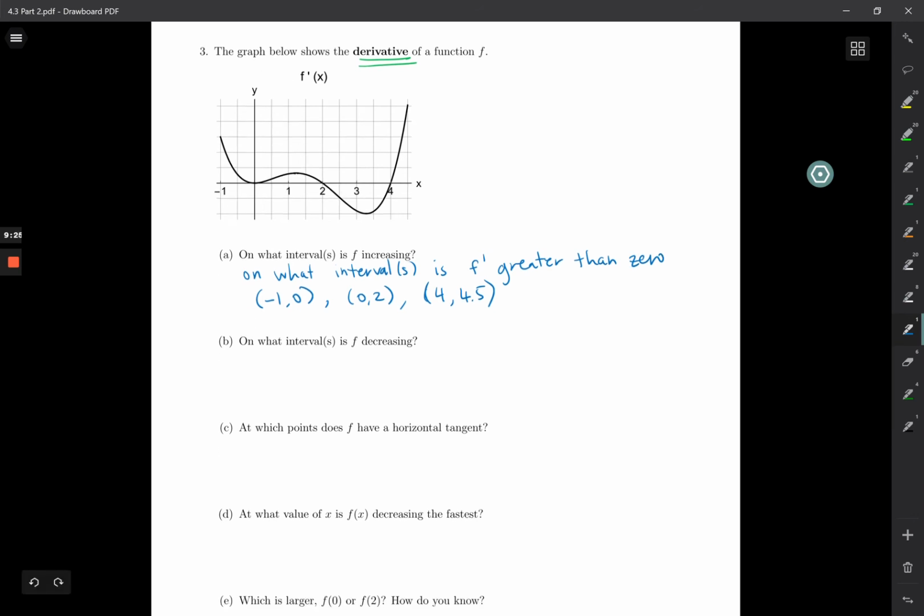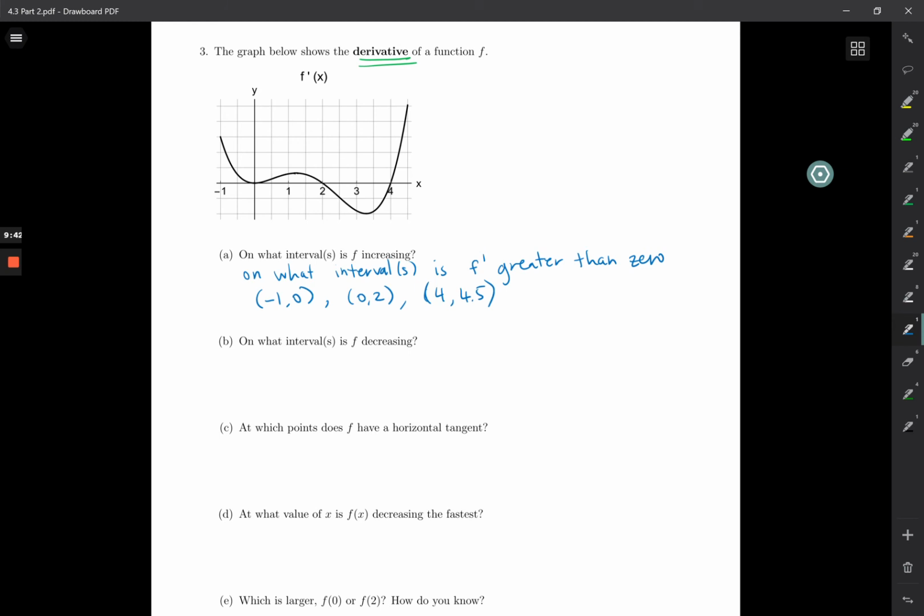And so we can similarly answer the question for what intervals is f decreasing, and that will just be the interval from 2 to 4 that we omitted in the previous part.